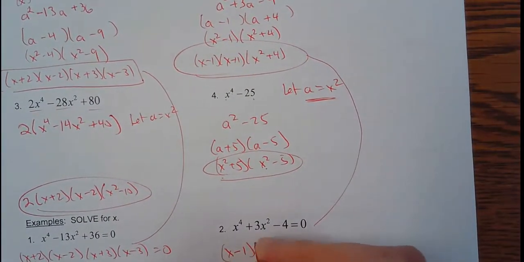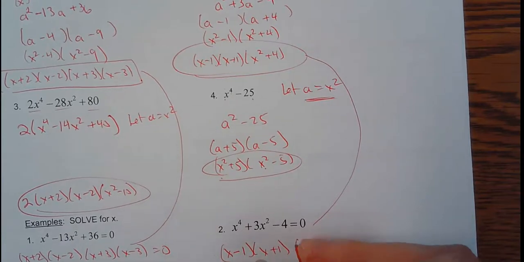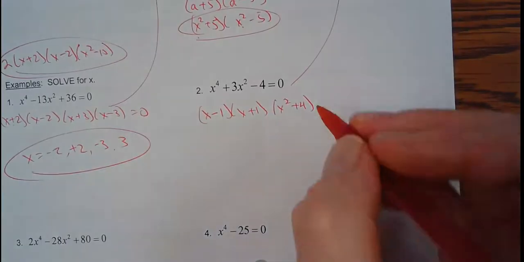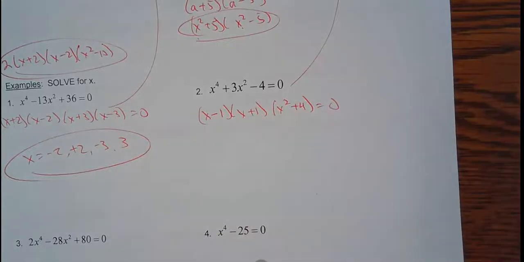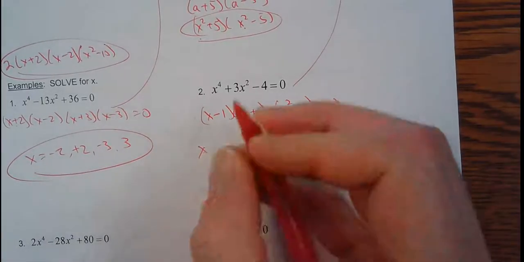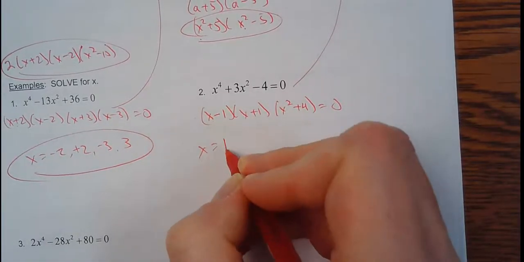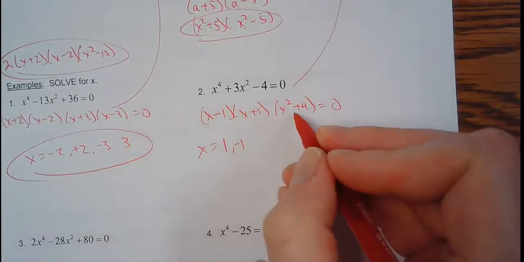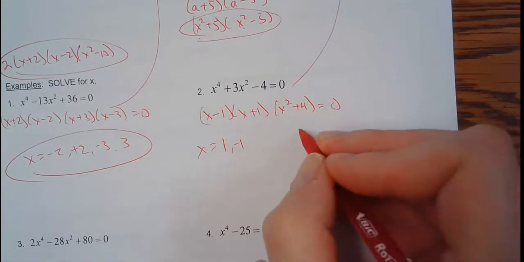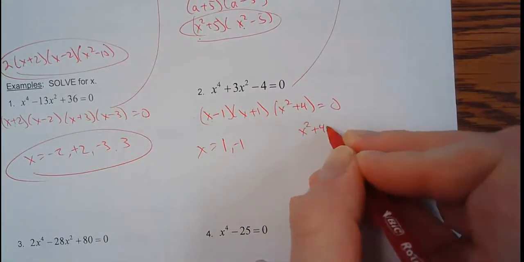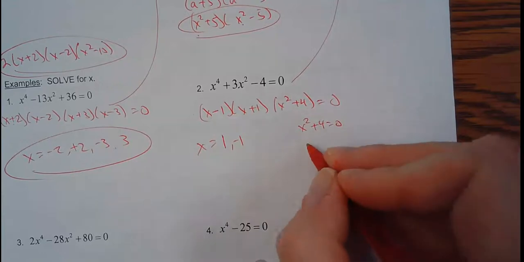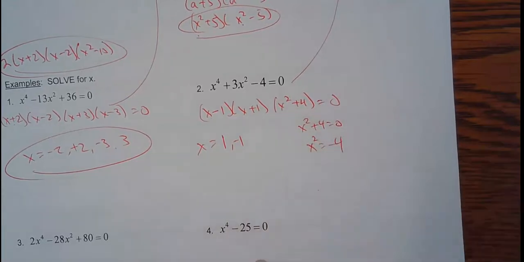Okay? Pulling my answer down: x minus 1 times x plus 1, x squared plus 4. If that equals 0 now, and I'm supposed to solve this, well, two of these are easy. This would be a positive 1, this would be a negative 1. What answers would this provide? Well, I'll have to set x squared plus 4 equal to 0. Bring the 4 over. They equal negative 4.